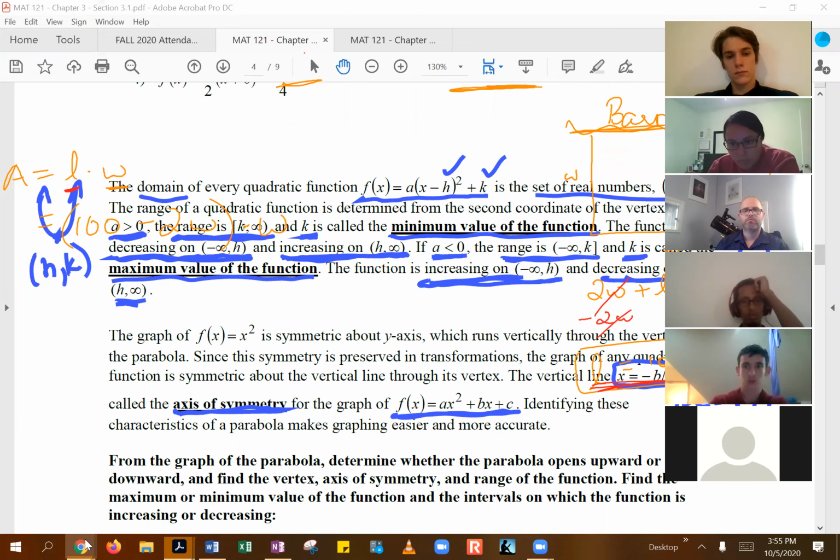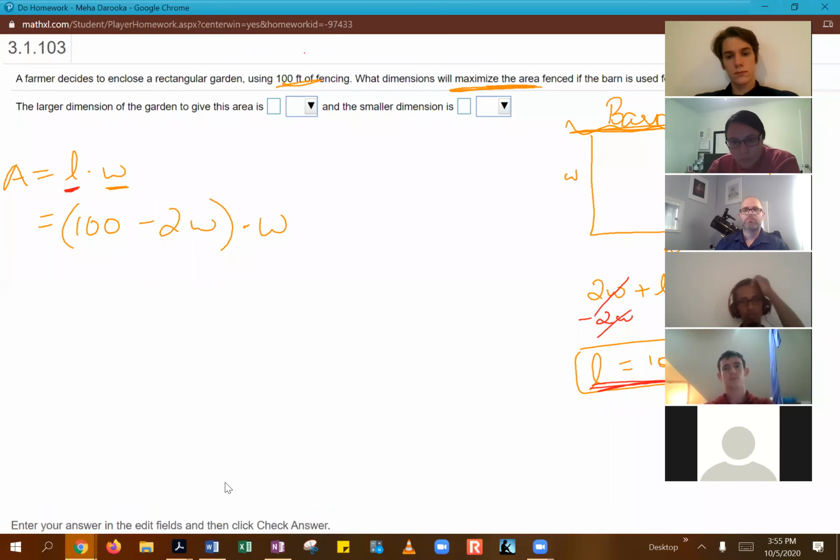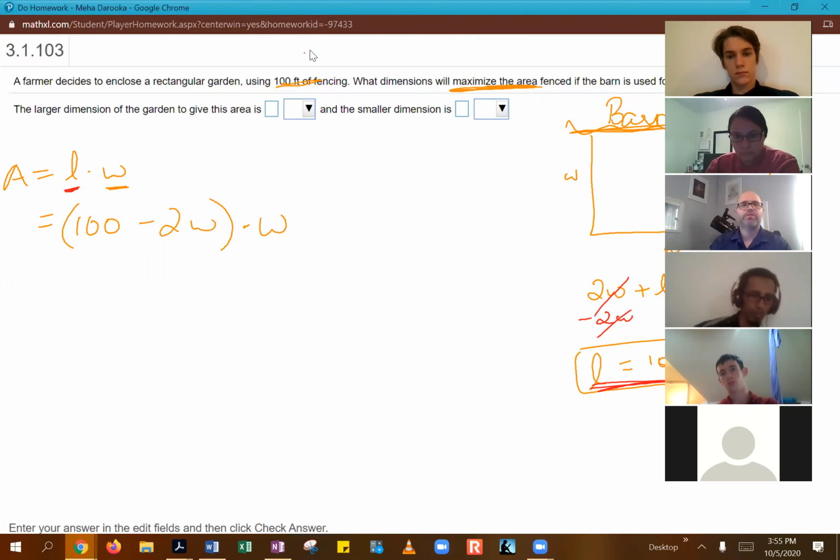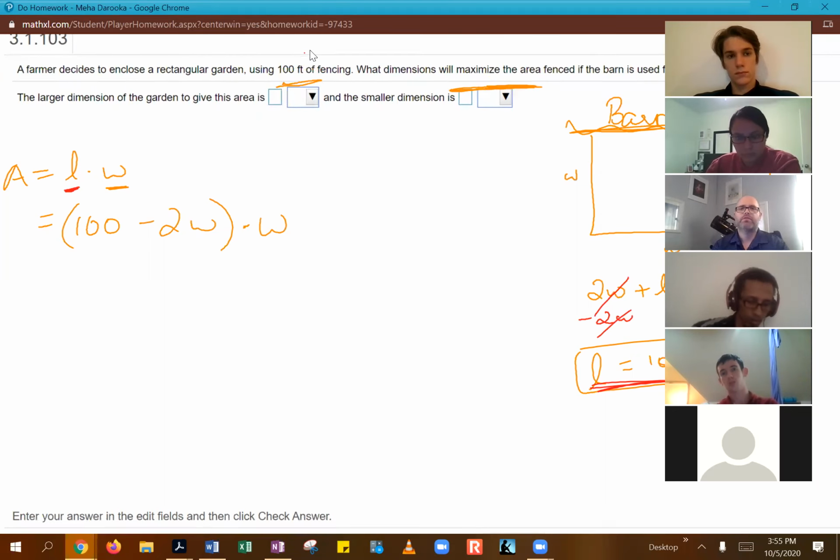So what we are trying to achieve is to get our quadratic equation. Once we have the quadratic equation, we can find the vertex. Once we find the vertex, we can find what the maximum or minimum value for that parabola is going to be.